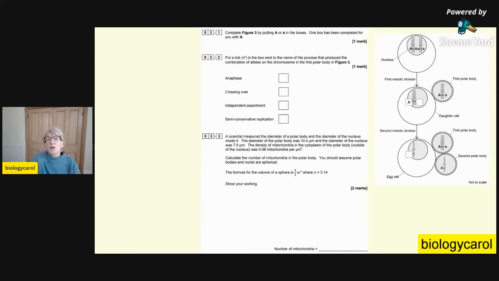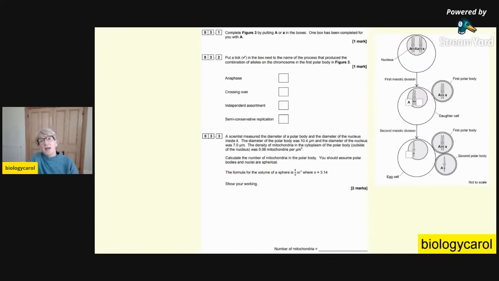Okay, here is our bog standard cell showing 2 homologous chromosomes. One chromosome carries the allele capital A, one carries the allele little a. Now, you have to notice here that actually crossing over has occurred.